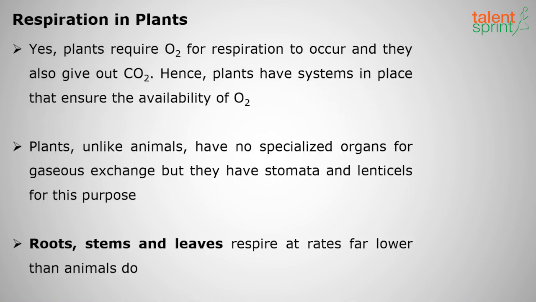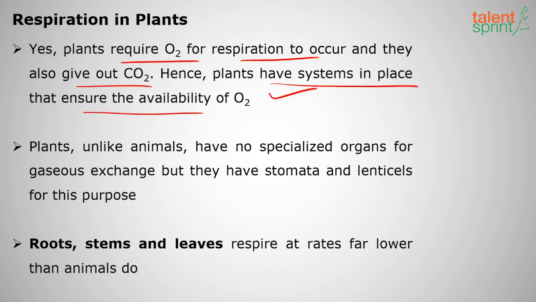Plants require O2 for respiration. Oxygen is required not only for us but also for plants for respiration to occur. They give out CO2 like us. Hence, plants have systems in place that ensure the availability of O2. But unlike animals, plants don't have specialized organs, because we have nostrils and a nose to breathe air, but plants don't have this mechanism.